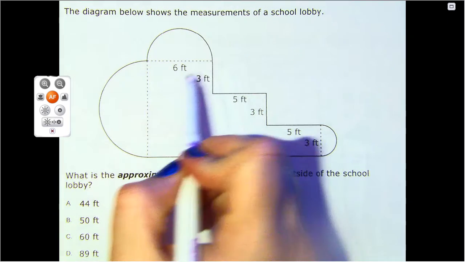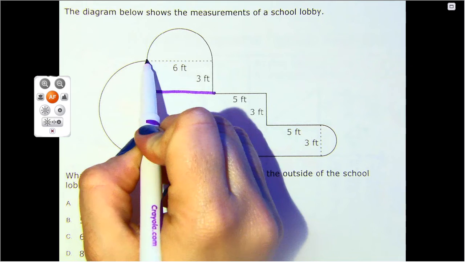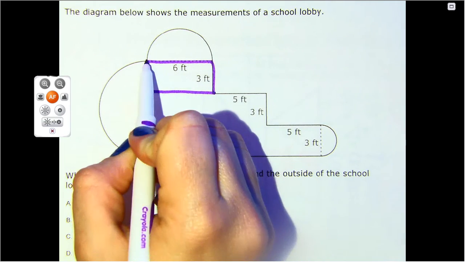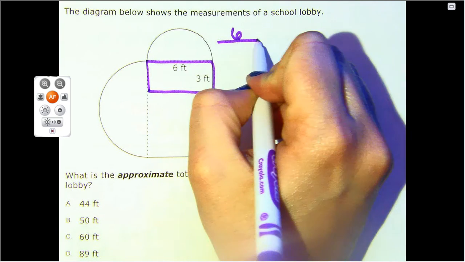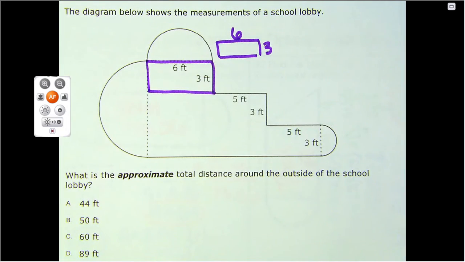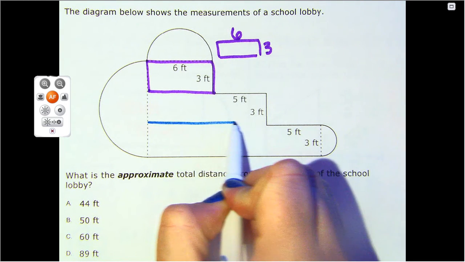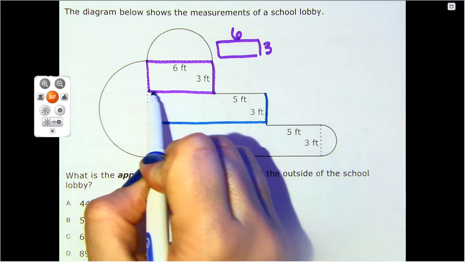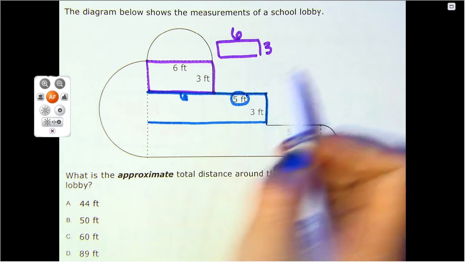So I see some rectangles. I see that this rectangle is 6 by 3. Okay, I see another rectangle that has a height of 3. This piece was 6. This piece is 5.